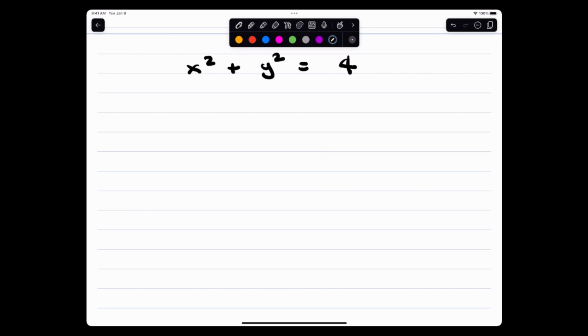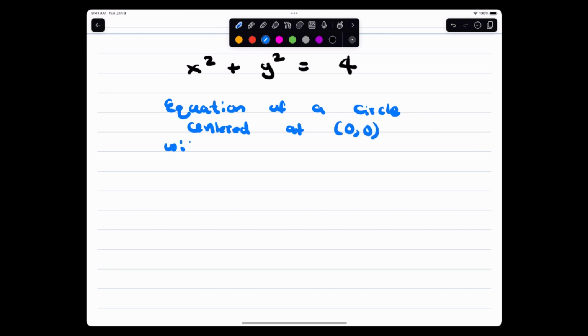This is known as the equation of a what? Circle. Centered where? Good. At the origin with radius what? 2.